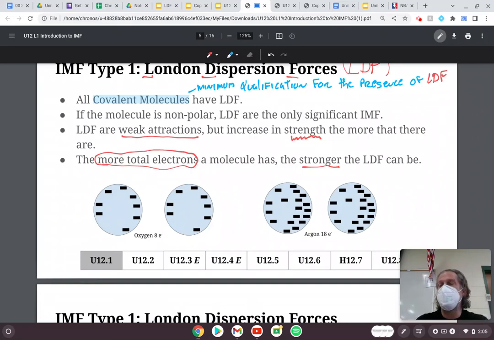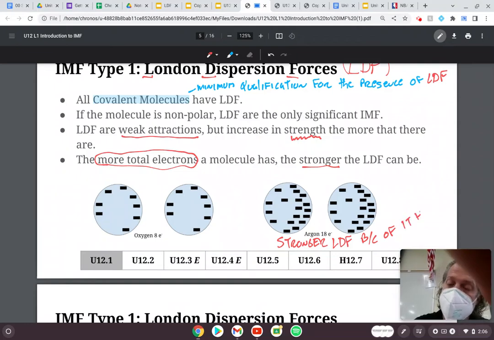Argon is the 2 spheres on the right, and in argon there's 18 bars or lines in both of them, and they represent electrons. So in this case, argon is going to have a stronger London dispersion force because of it having more electrons.